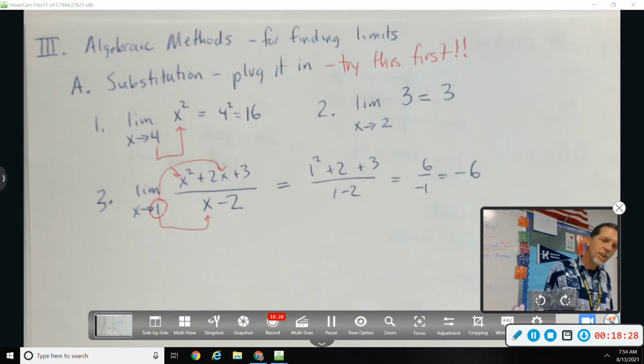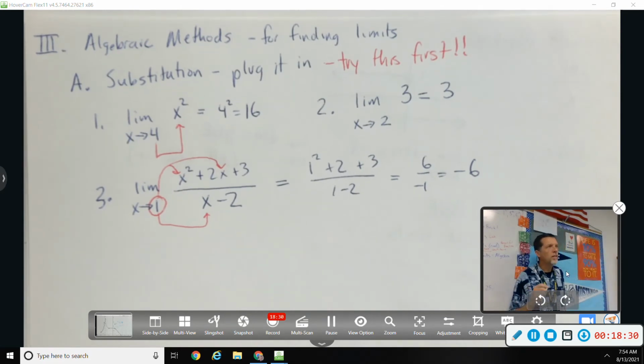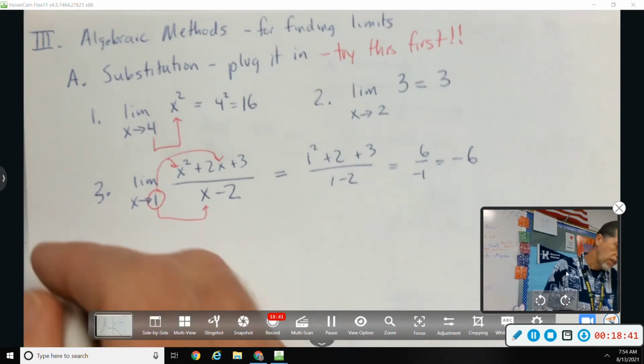So try substitution first. If substitution isn't the right method, you'll know it because you'll get 0 in the denominator. You'll get something weird happening. So try it first. If it blows up, then you got to try something else. But try it first.